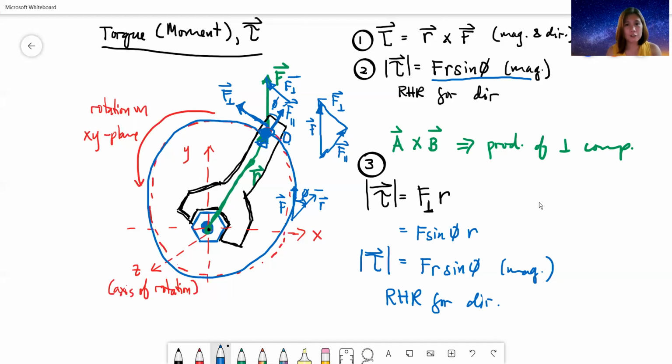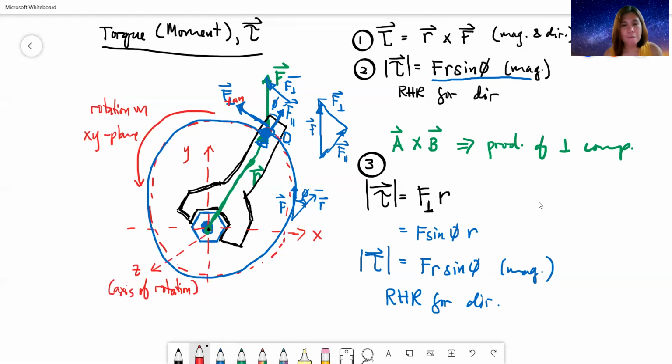So instead of looking at the components this time as F perpendicular and F parallel, we can look at it as a component that is tangential. So F perpendicular now is the component of the force that is tangential to the path.